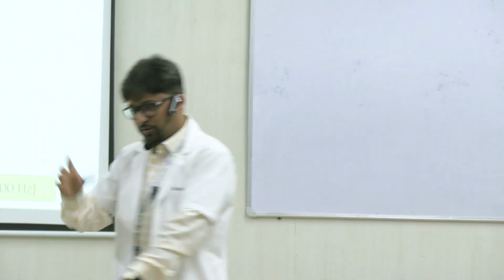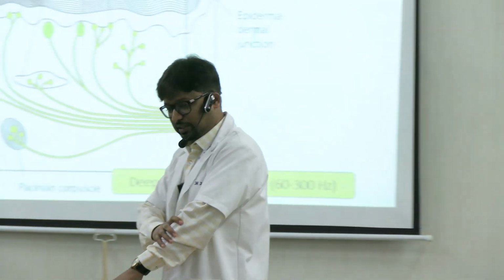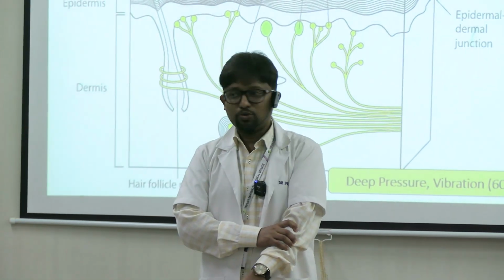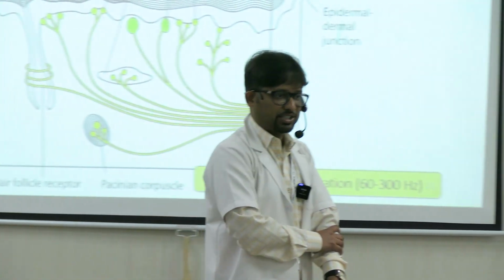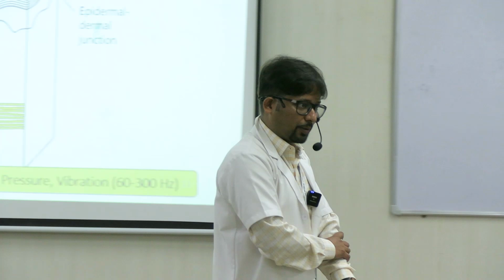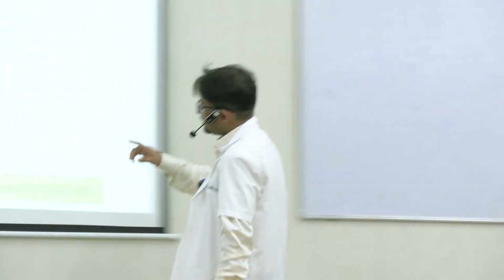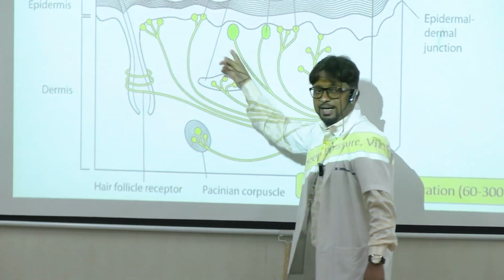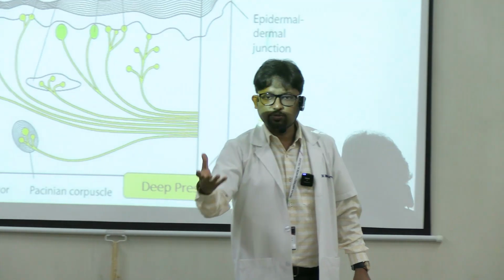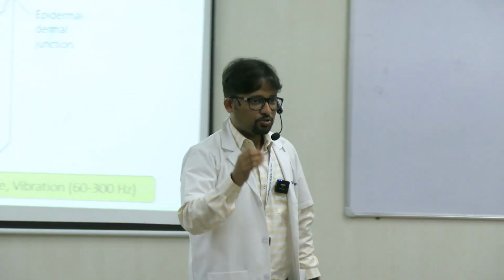Right? If you hold at the same place with a greater amount of force, now the body identifies this as pressure. So what was the difference between the two? In the first instance, the mechanical force was slight, so only the ones in the superficial aspects of the skin were stimulated, so they detected the sensation. So this was then identified as touch.